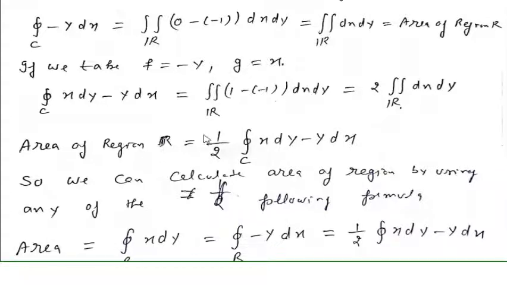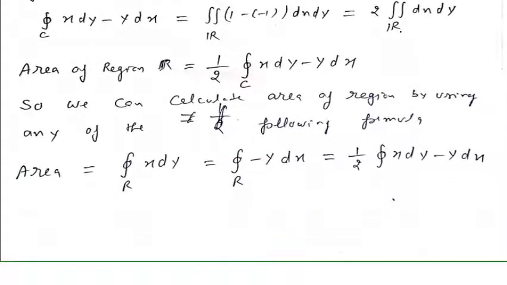So the area becomes 1/2 the integral of x dy minus y dx. So we can use any of these three formulas to calculate the area bounded by the closed curve C. Here it is C, it is not R; mistakenly I have written R, but you can replace it by C. Everywhere it is C.